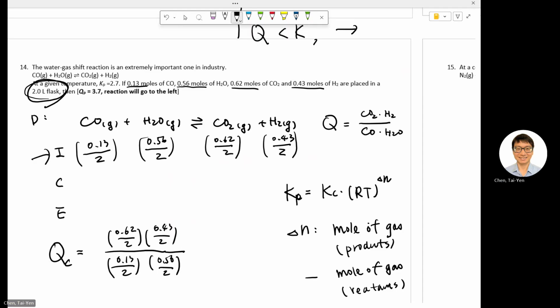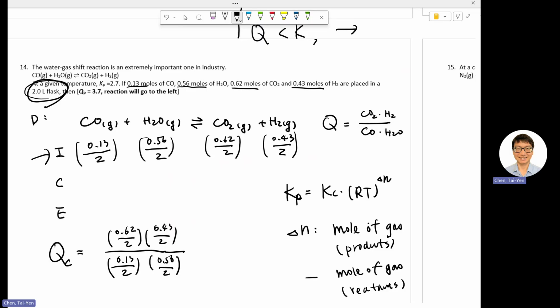If you look at your equation, how many gas molecules show up on your product side? It's 2: 1 CO2, 1 H2. For the reactant side it's also 2, because you have 1 mole of CO and 1 mole of H2O.